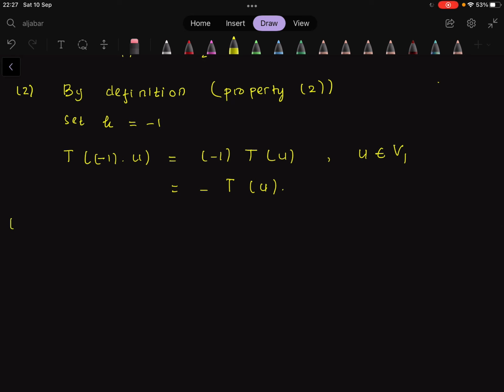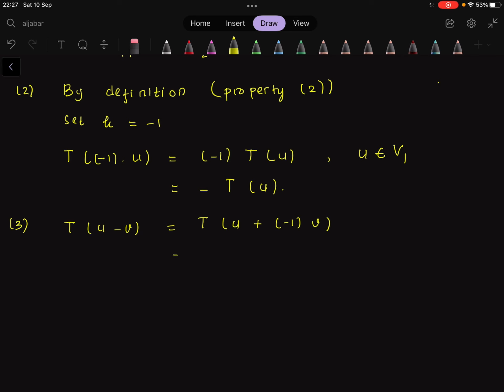So let's move to number 3. Here we have T(u - v), which is equal to T(u + (-1)v).